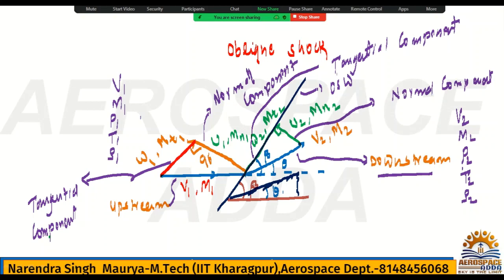So if you check here, if I write what is Mn1, we can have sine beta. If you check, this sine beta will be Mn1 divided by M1.